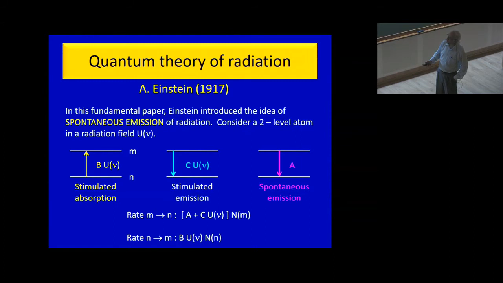That means the radiation field causes the atom to go from this level N to this level M. And Einstein described this stimulated absorption in terms of a coefficient B. Therefore, the rate of transition from N to M, from the lower level to the upper level, depends upon this coefficient B. It also depends upon the number of atoms which are in the lower level N, and it also depends upon the radiation energy density U nu.